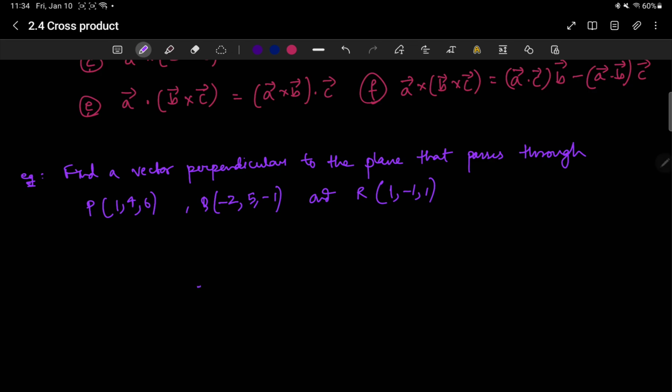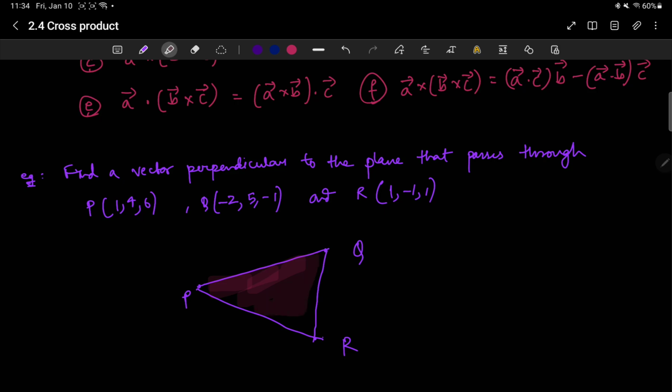It's saying that I have a point P, I have a point Q, and I have a point R. Think of 3 points in space. I can join them, right? And I get a triangle. And this triangle can be thought of as a plane, right? It's a plane surface. If you extend it in all direction, it's a plane.